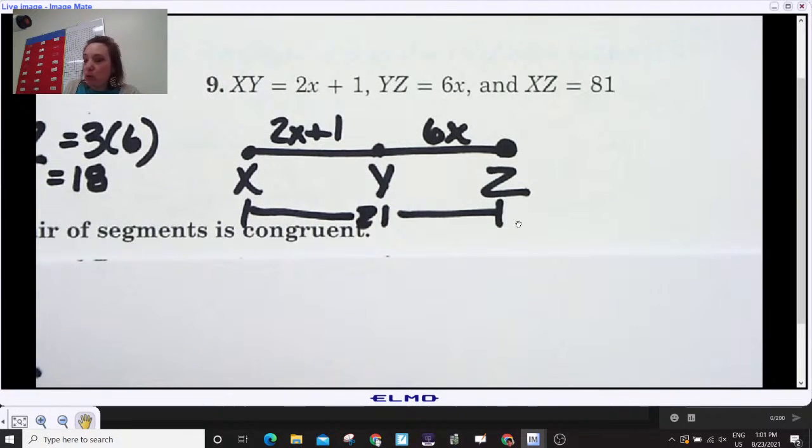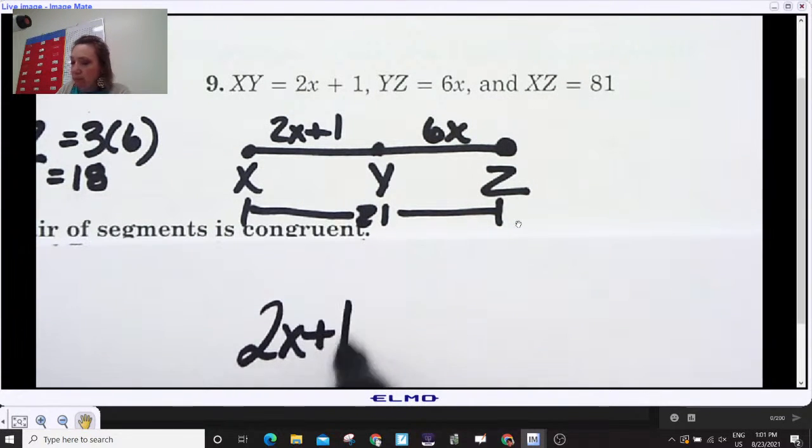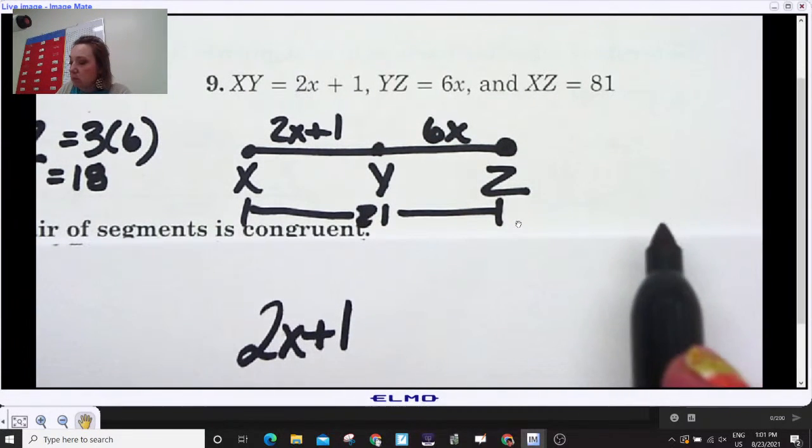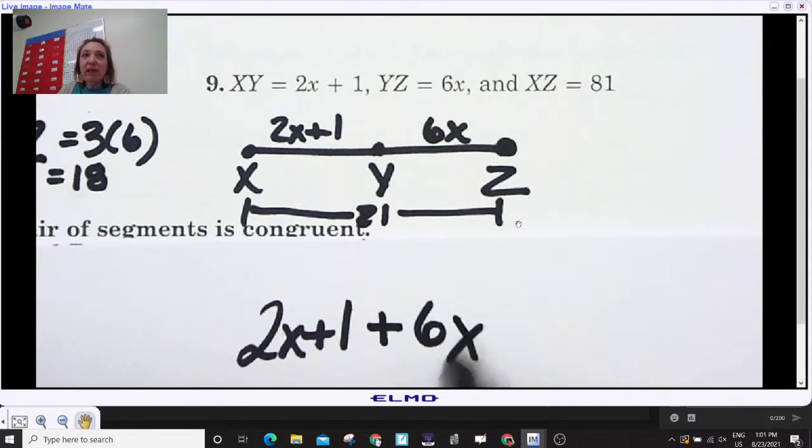All right. So let's set it up algebraically. What can we do with this information? 2x plus 1 plus 6x. Now, it's not equal to 6x, right? Because nowhere did they say Y's in the middle.